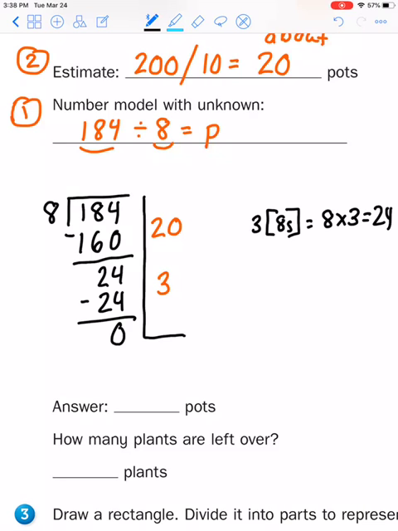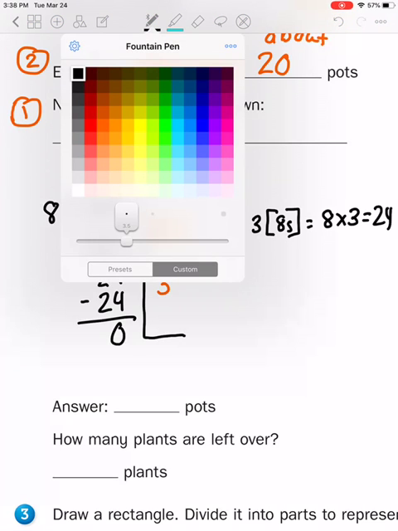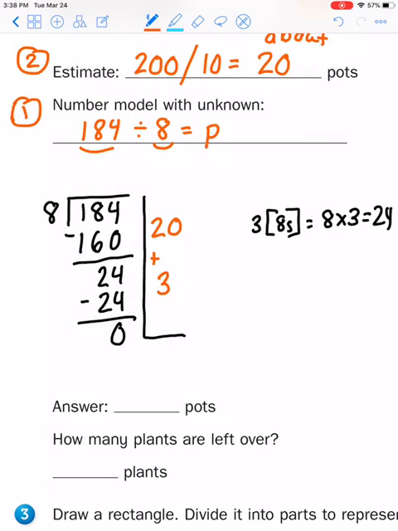I have no remainder, nothing left over. If I add these together, I get 23. So my answer is exactly 23 pots. If I had 184 plants and I needed to put 8 plants in each pot, I would need 23 pots, and I would have no plants left over.